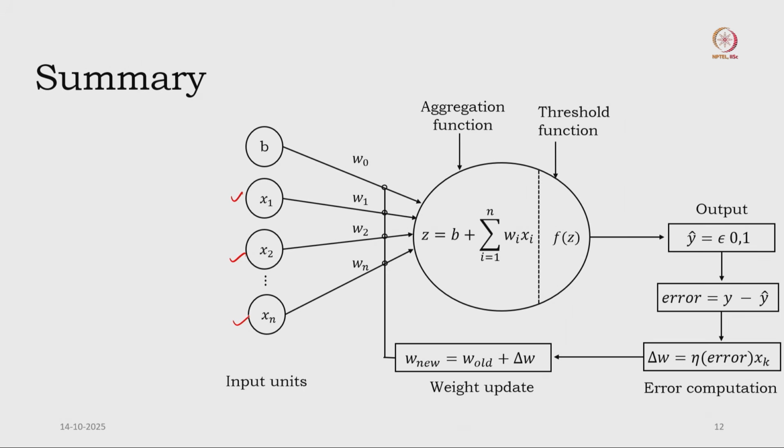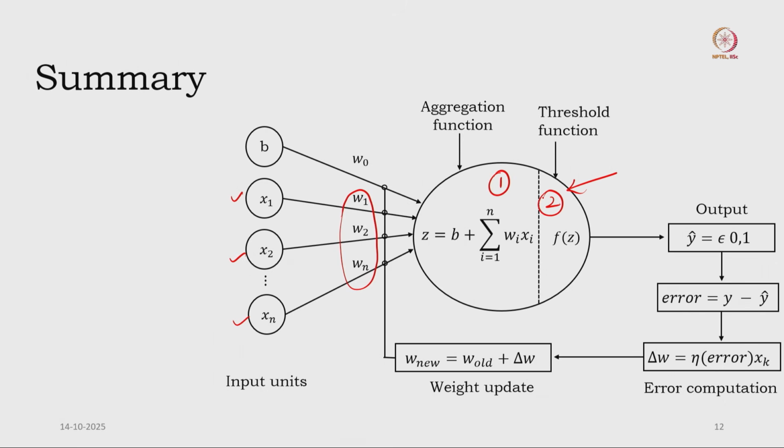These inputs are taken from the data set. With every input, there will be weights that are associated. So, this is a cell body which we call a neuron, primarily responsible for performing two mathematical operations.